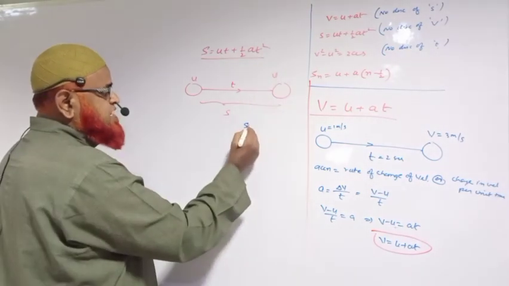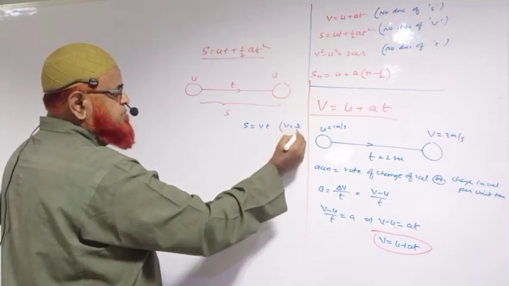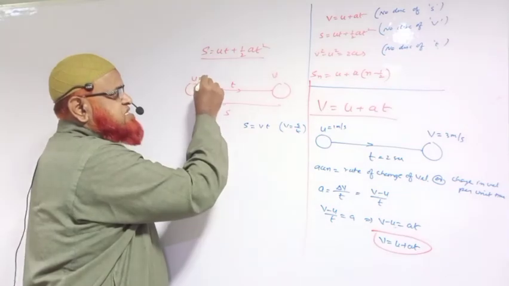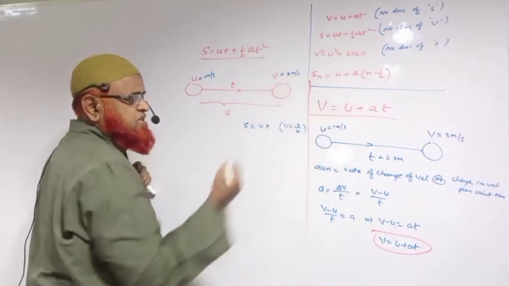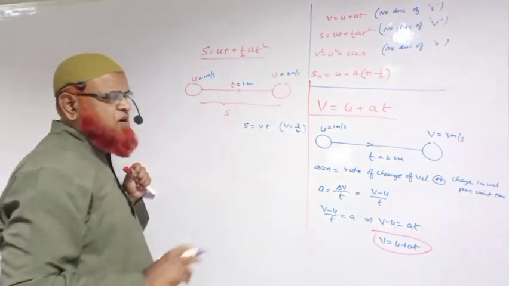You all know displacement is nothing but velocity into time, because velocity is equal to displacement by time. But in this case, the initial velocity is different and the final velocity is different, as in the example we gave, and time is taken as 2 seconds. This is just to understand an example.